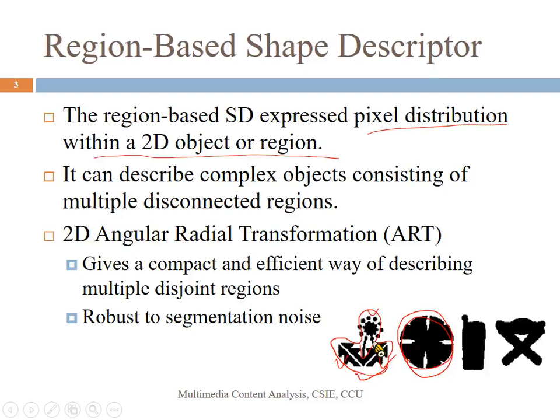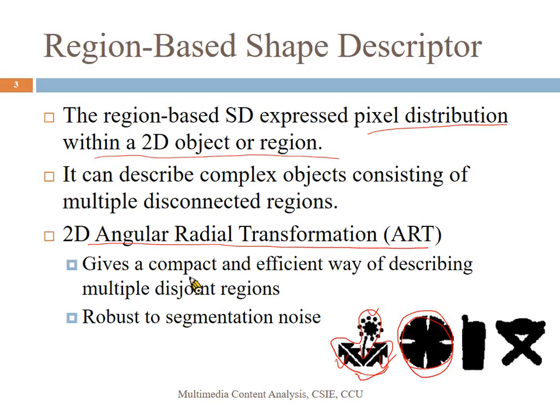The advantage of such a shape descriptor is that it is useful to describe multiple disconnected regions. One method usually used as the region-based shape descriptor is the 2D angular radial transformation. We call it ART in short.